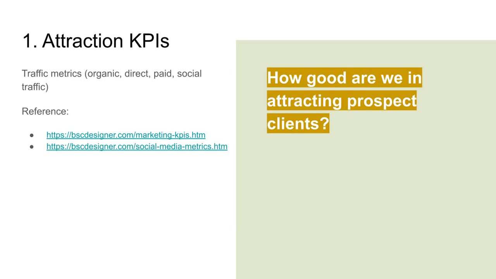Well, it depends on your business, but I guess you will have some website, and the attraction KPIs are about measuring this input that you have from search engines, that you have from social media, that you have from whatever means you use to promote your business.